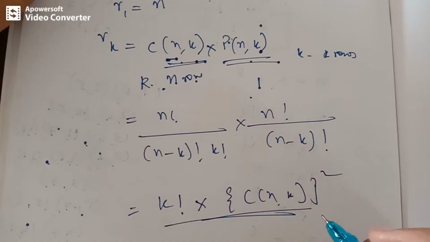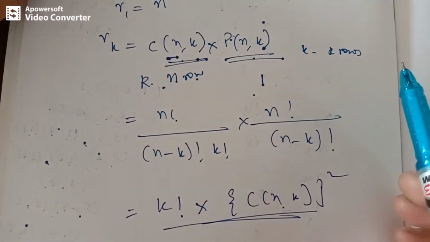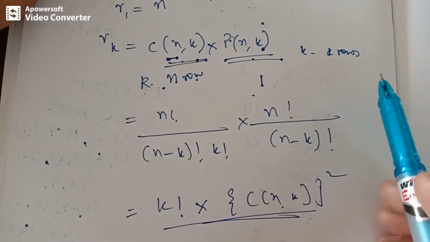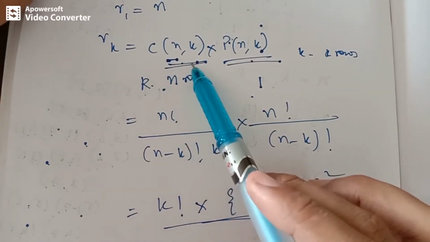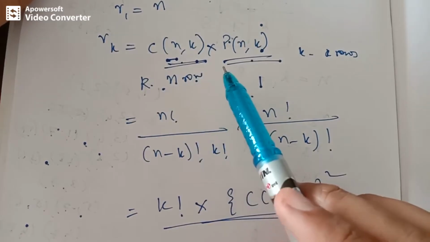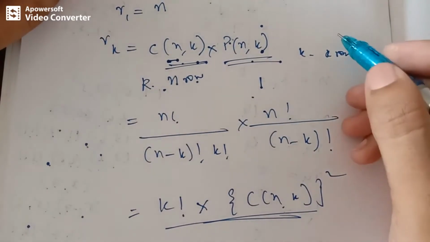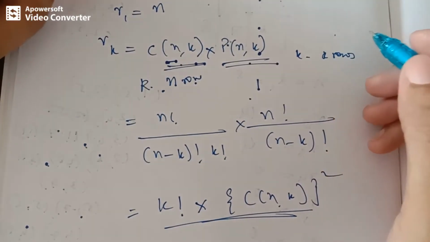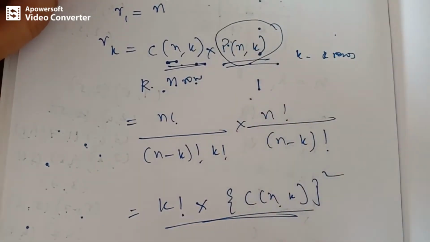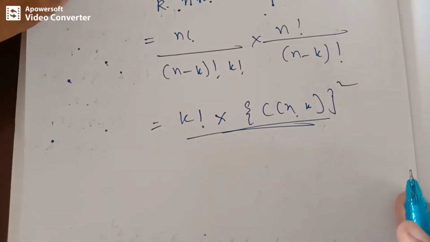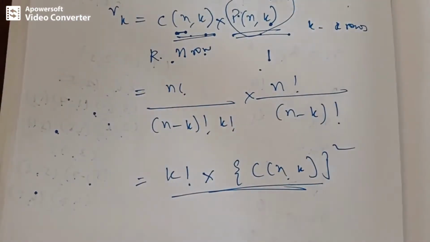So this is the Rook's polynomial for n cross n chessboard, where C of n comma k represents that one can choose k rows out of n rows in C of n comma k ways, and after this placement, k rooks can be placed in the k rows so that there is exactly one rook in each row and no two rooks are in the same column. That is done by P of n comma k ways. Okay, so this is the Rook's polynomial considering n cross n chessboard.